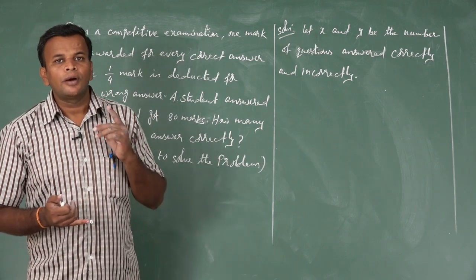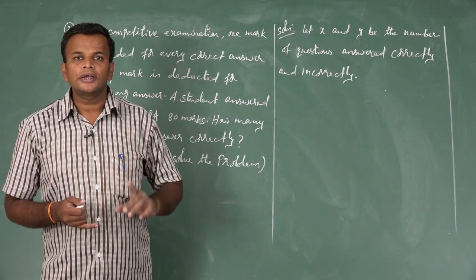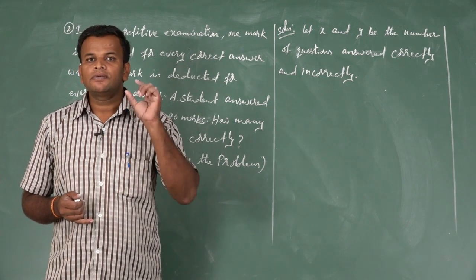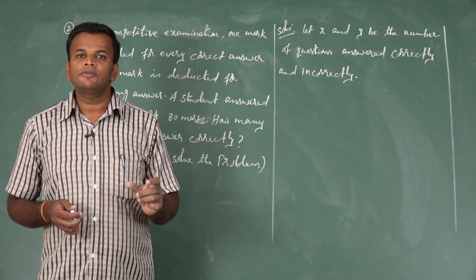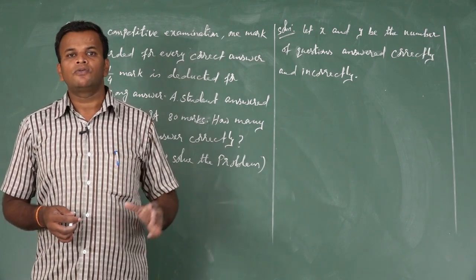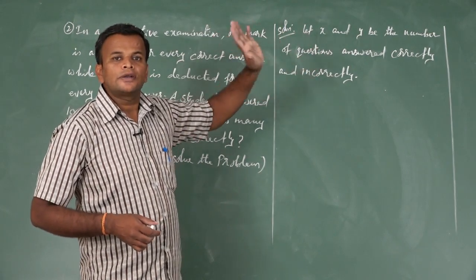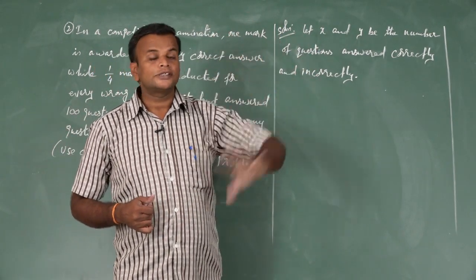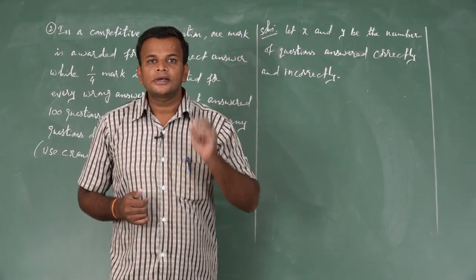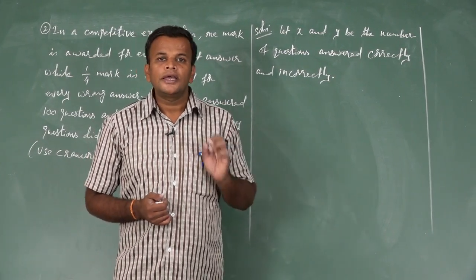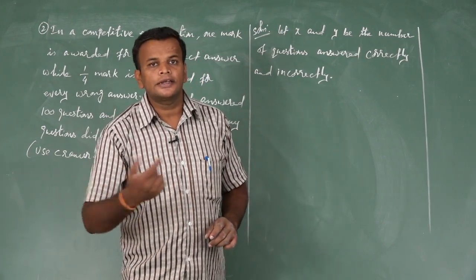Now the number of questions correct and incorrect. We will take the number of questions correct by the variable x, and the number of questions incorrect we will take as y. So we form an equation. It is your choice, you can write in any manner. Here, let x and y be the number of questions. Let x be the number of questions answered correctly, and let y be the number of questions answered incorrectly.